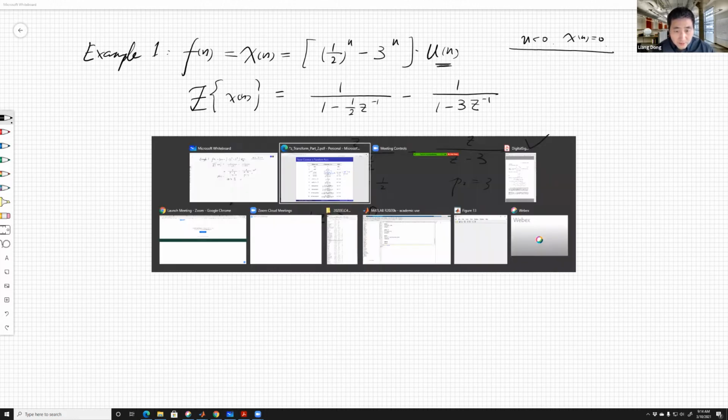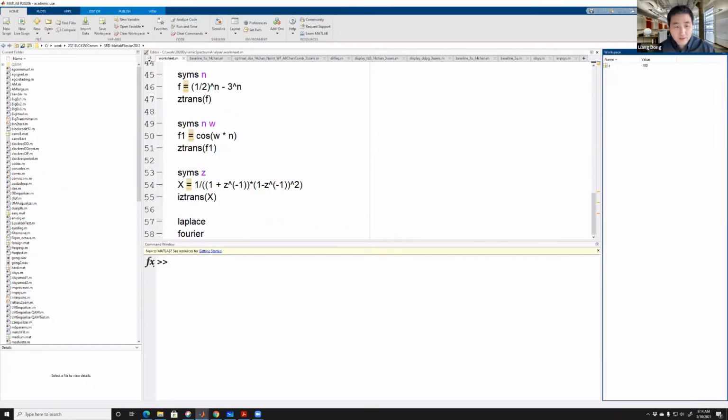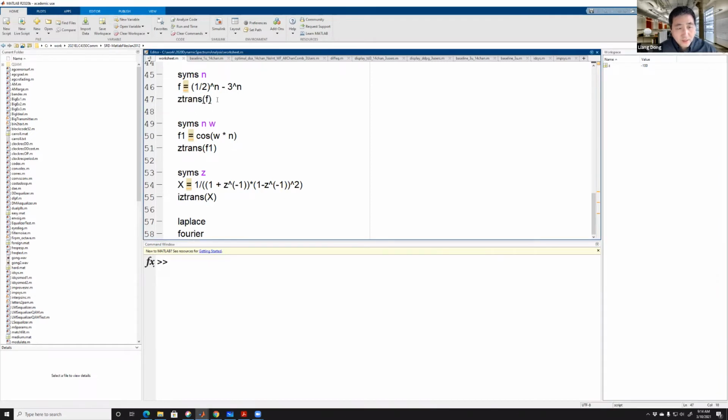Let's use Matlab to verify that. Here, I'm using Matlab to verify that. In Matlab, there is a function called ztrans. A very nice thing is it can use symbolic format in Matlab. So we have defined a symbolic function.